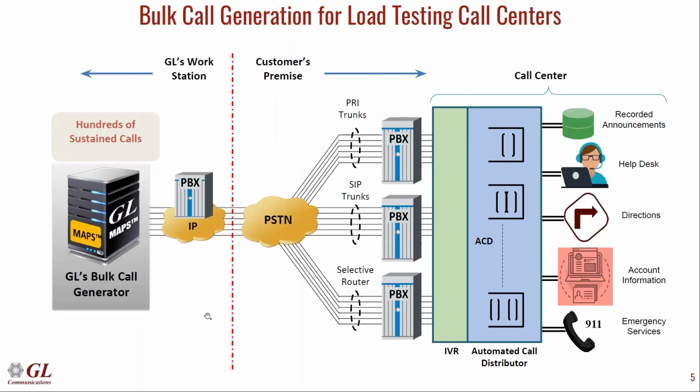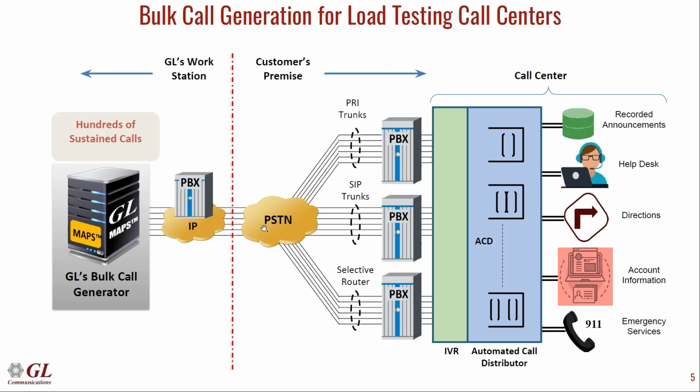So I actually want to spend the majority of the time on this slide because I think it's the most important slide we have. Let's start by first analyzing the right-hand side of this figure. We have our call center here, and usually the call center has some private branch exchange, and these private branch exchanges are basically like gateways.